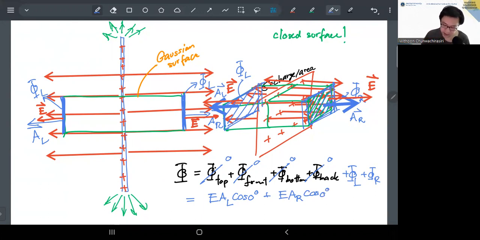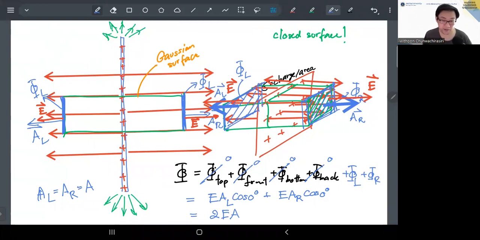Because you didn't say what the area is, let's call this area A, and they both must be the same A. So A on the left and A on the right are the same value, the same surface size. So it's going to be twice EA. And that's it, guys. You are done.